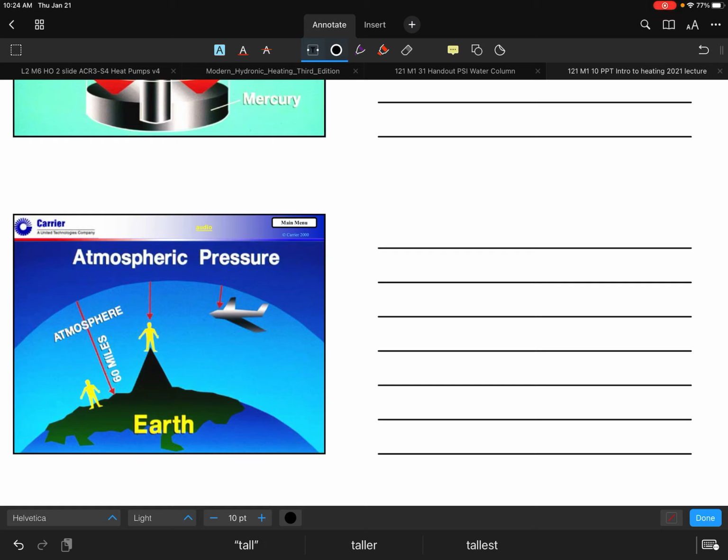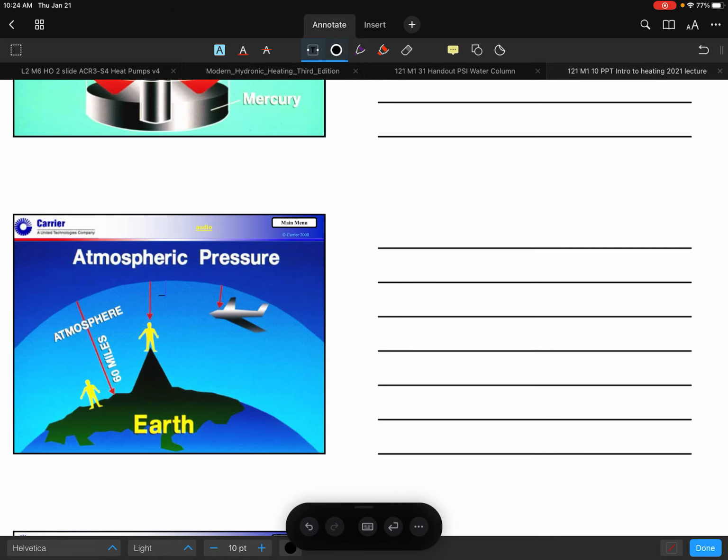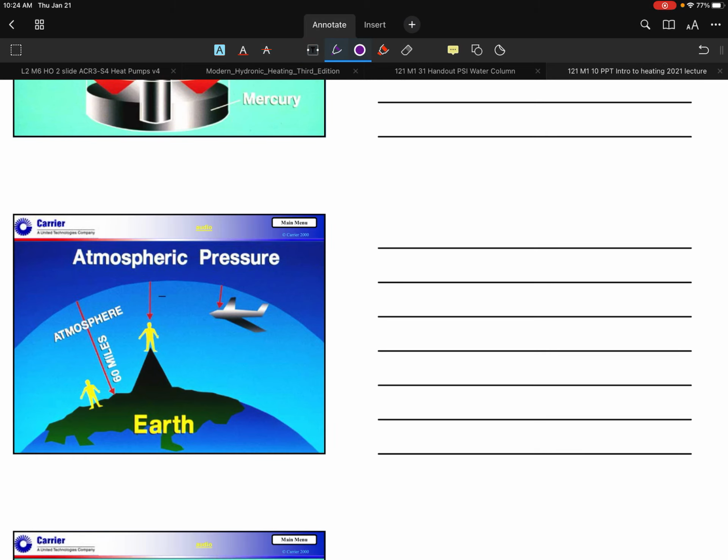If I'm at a higher altitude, there's less air above me. If you look at just the height from here to here, it's smaller, it's not as tall, so we would equate that to a lower pressure. So again, you're going to have a lower pressure on those particular substances.